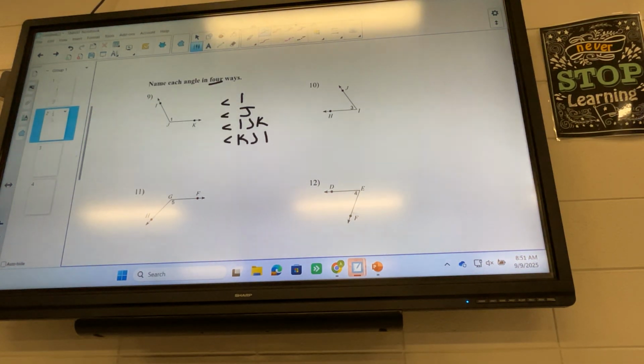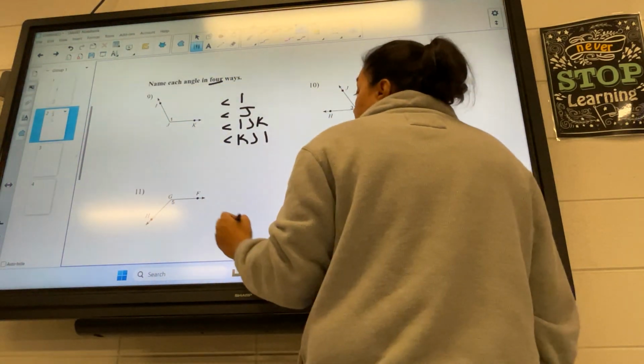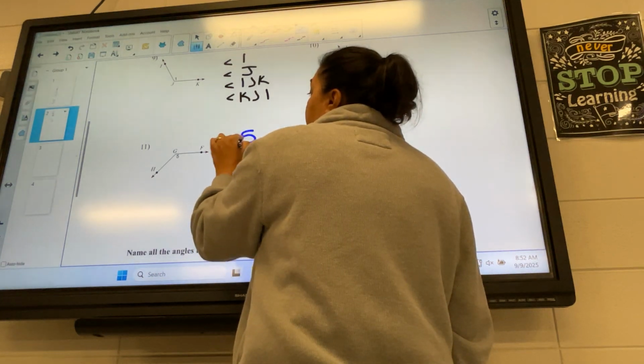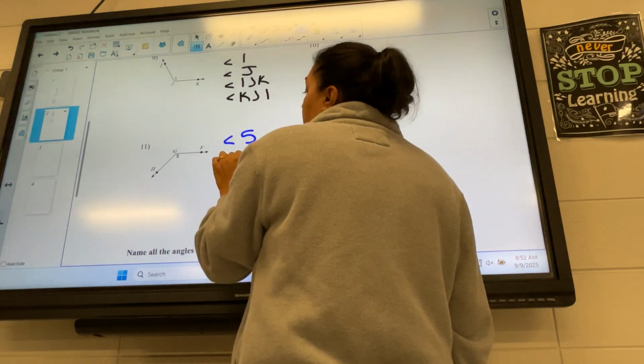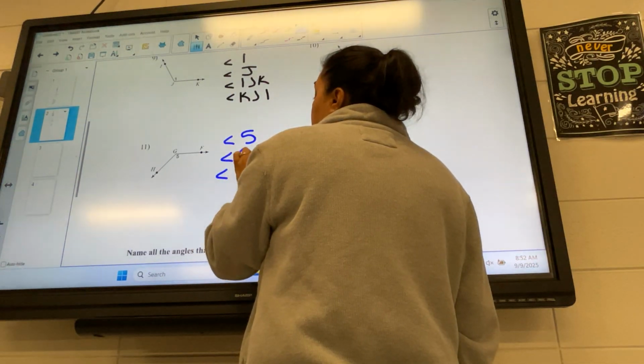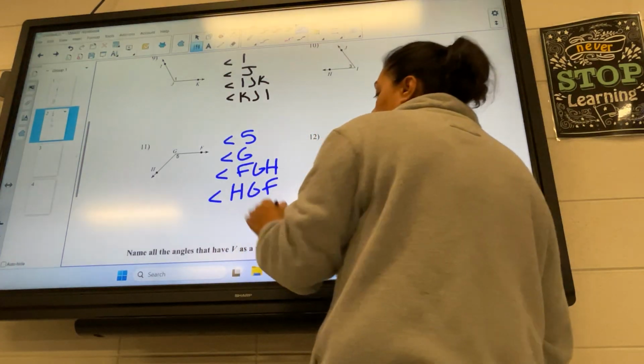You do need the alligator mouth on all 4s. That is absolutely necessary, so make sure that that's on there. Okay, 11, we're going to say angle 5, angle G, angle FGH, and HGF.